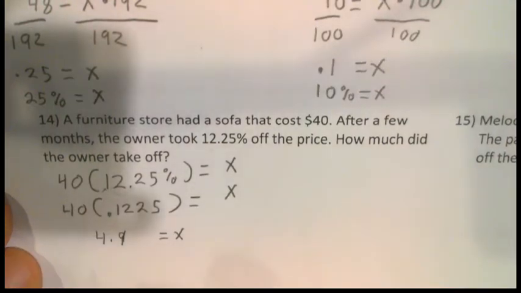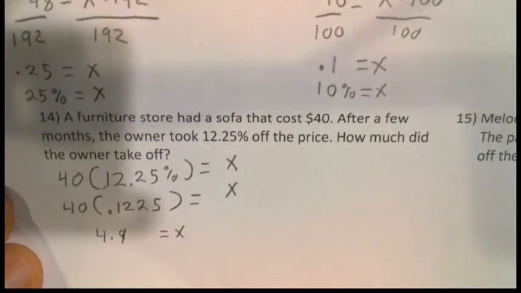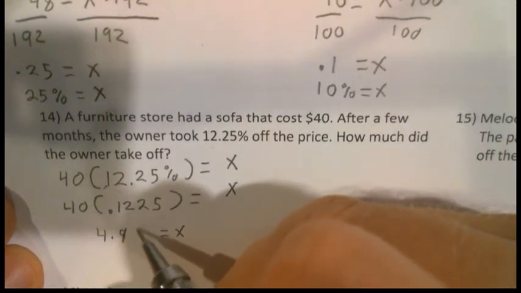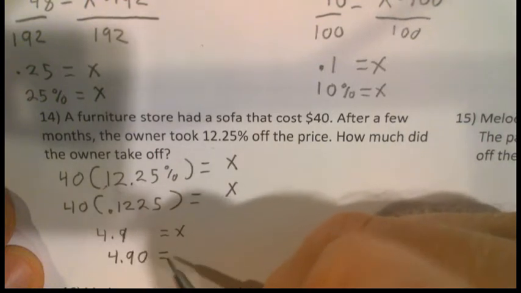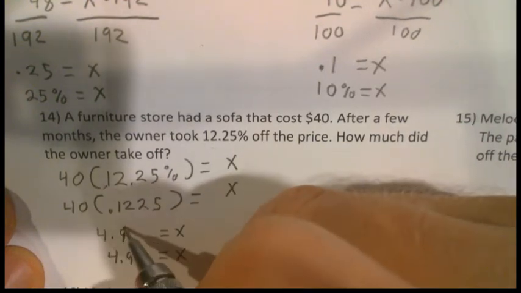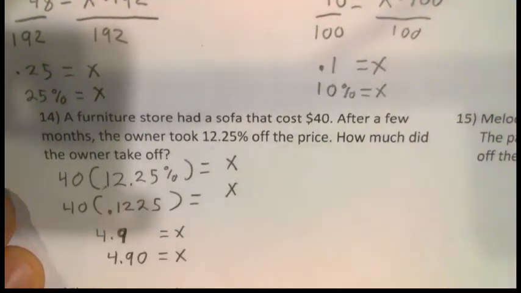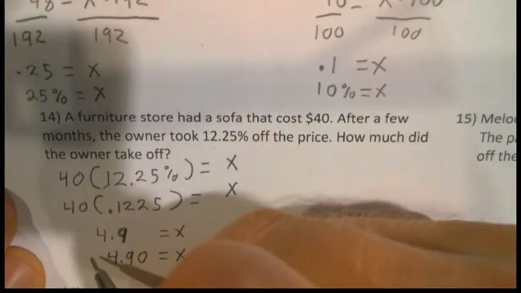This is a dollar amount, so it makes sense we should write it to 2 decimal places. What we can do is just simply add a 0. So we're saving $4.90.